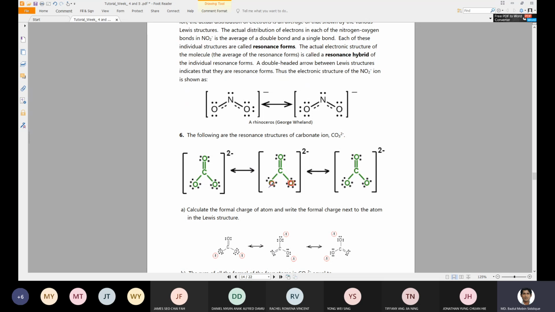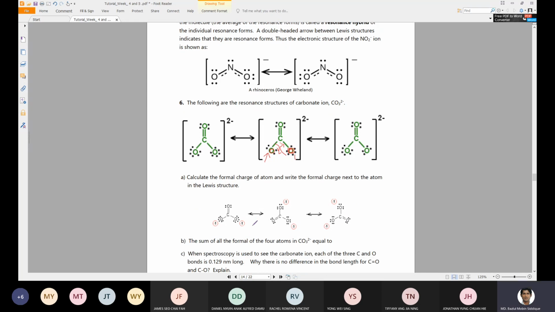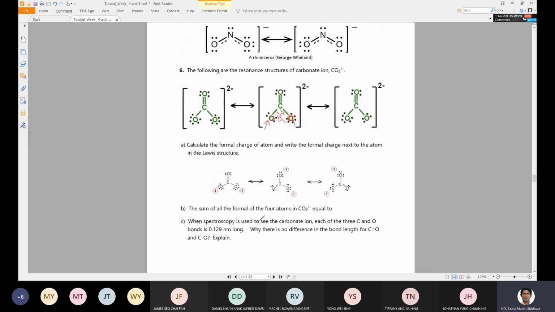So we cannot show that this oxygen has 6 electrons and this oxygen has 4 electrons. In fact, the electron will be jumping, not through here, it will go from there and then come from here in this way. So it is actually changing the space, and that is why we show the double bond changing.